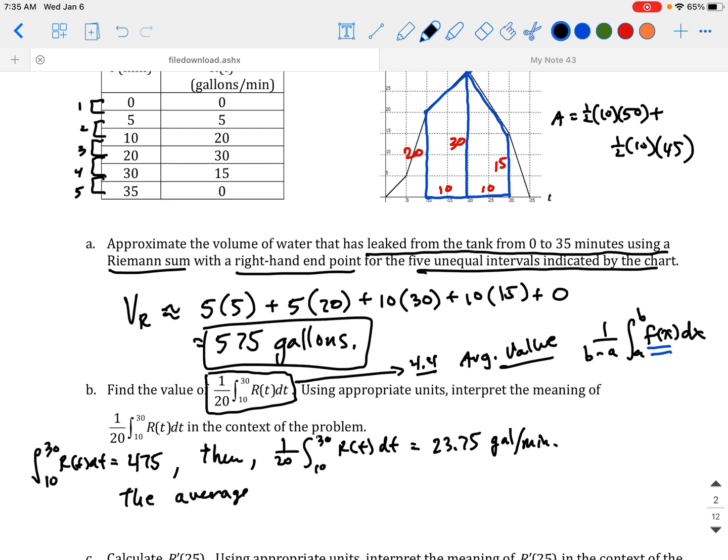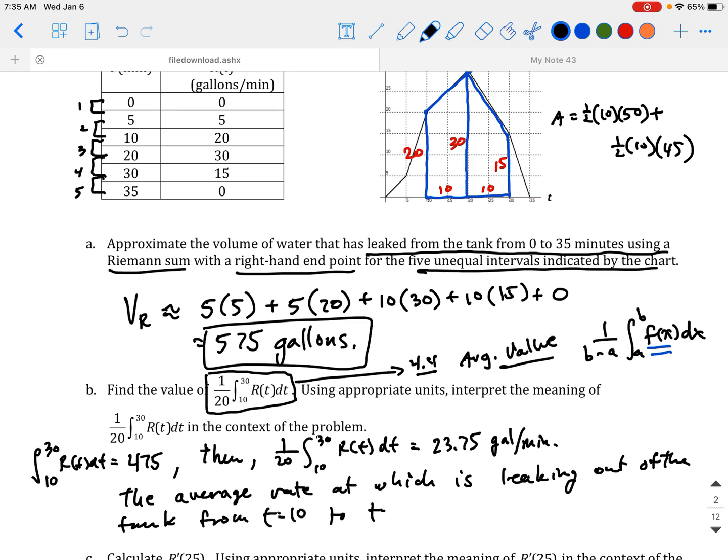So the average rate at which water is leaking out of the tank from t equals 10 to t equals 30 is 23.75 gallons per minute.